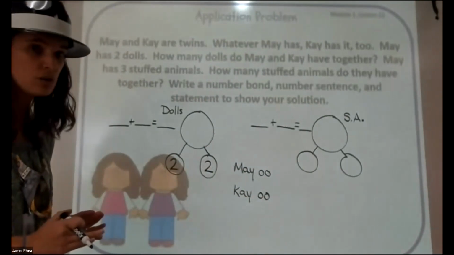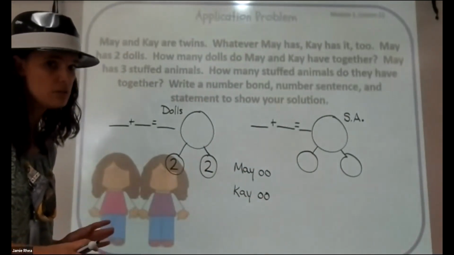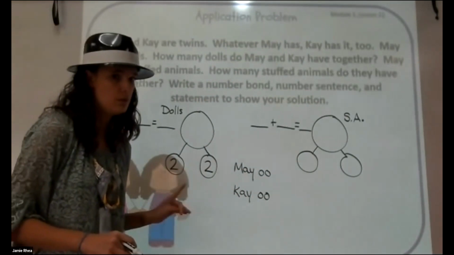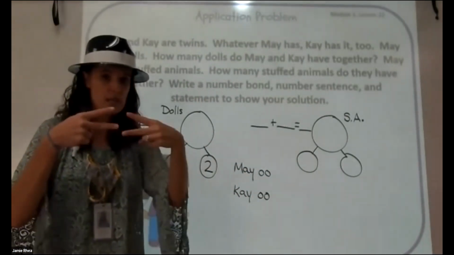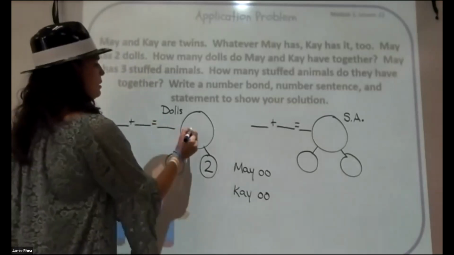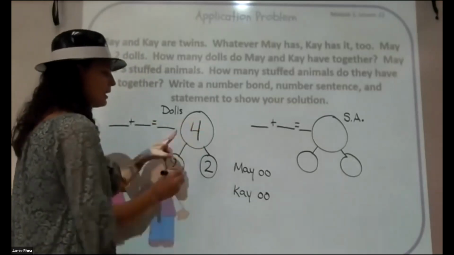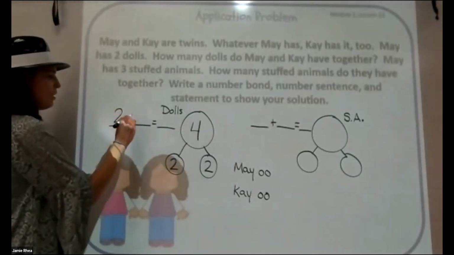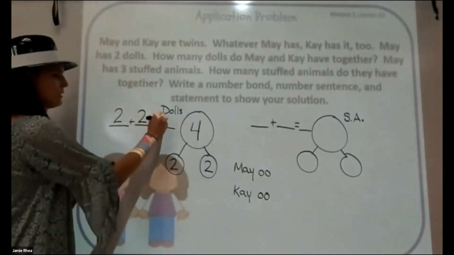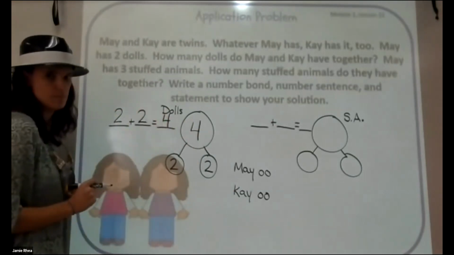How many dolls do May and Kay have together? Guys, it's like our doubles. 2 and 2 make 4. So how many dolls do they have together? 4 dolls. So I could say May has 2 dolls, Kay has 2 dolls. Together they have 4 dolls.